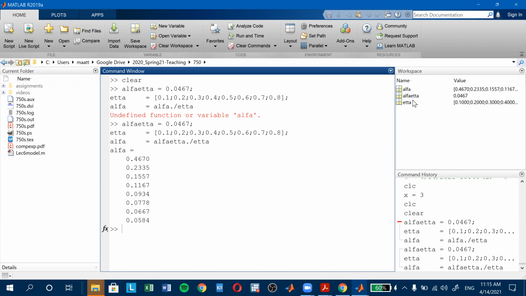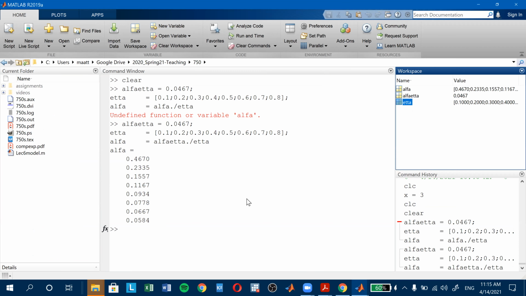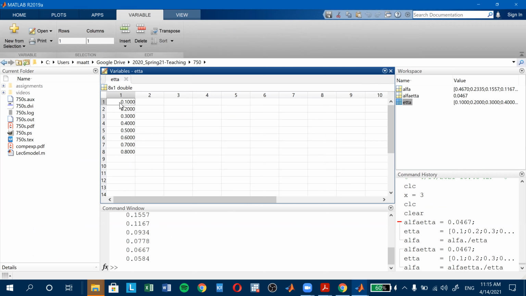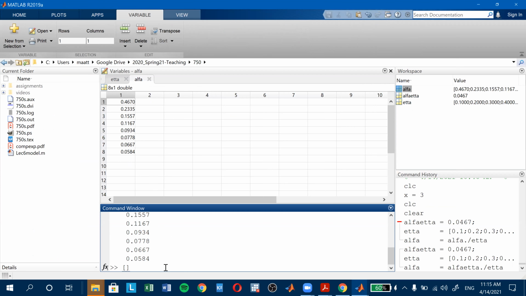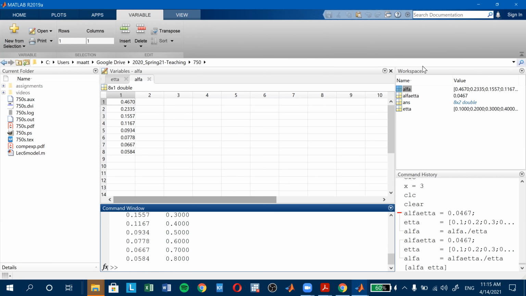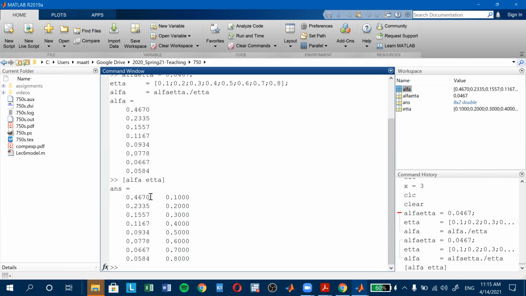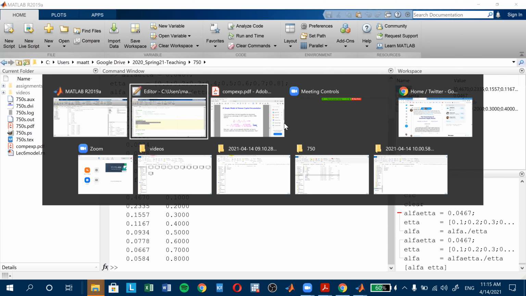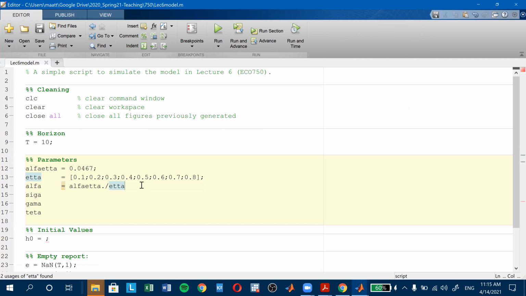Yes, as you see, you have different values of eta and different values of alpha. In the editor again, one other thing: if you put this symbol here, that's the convention, it does not appear in the command window.